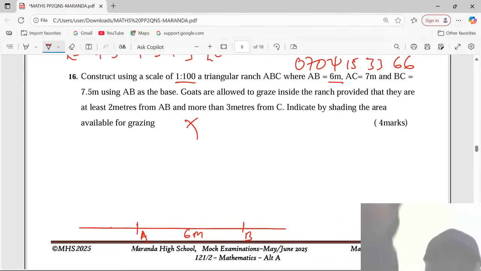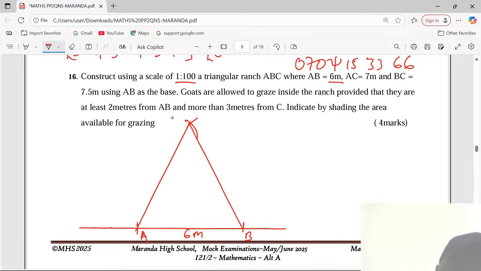We will have gotten point C. So you connect the intersection of the arcs to A and also to B. This is C, with 7.5 centimeters representing 7.5 meters, and 7 centimeters representing 7 meters. So we already have the triangular ranch.